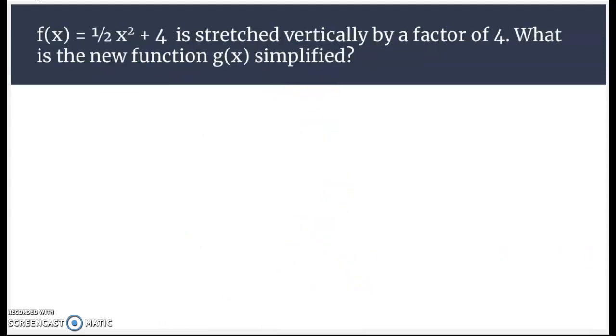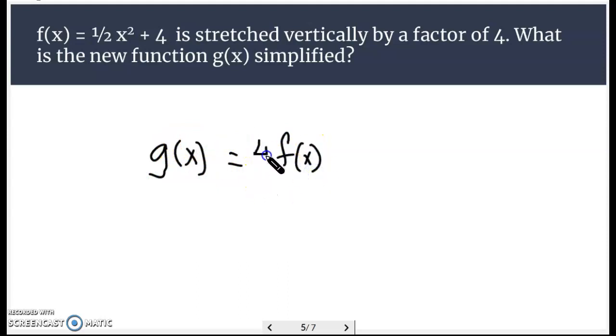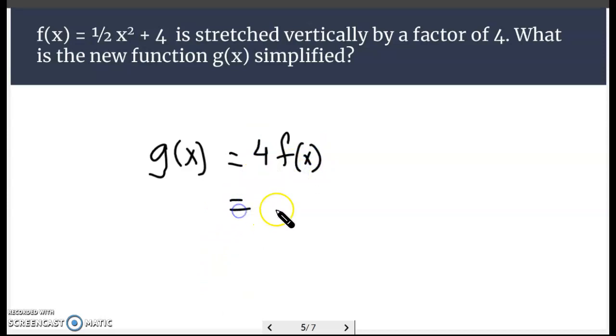Next one. f of x equals 1/2 x squared plus 4 is stretched vertically by a factor of 4. What's the new function g of x simplified? So g of x is I take f of x and vertically stretch it by a factor of 4. That means I just multiply it times 4.